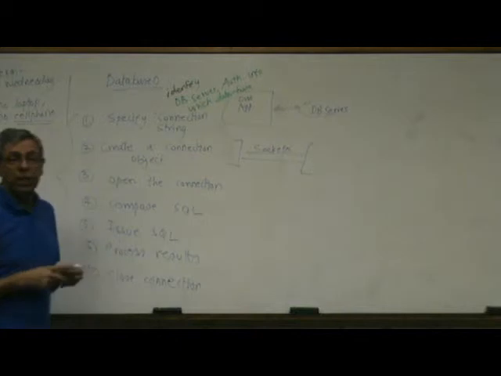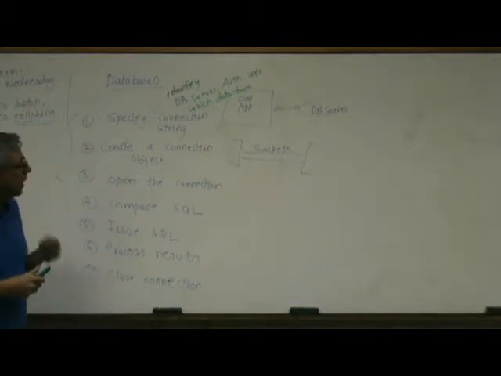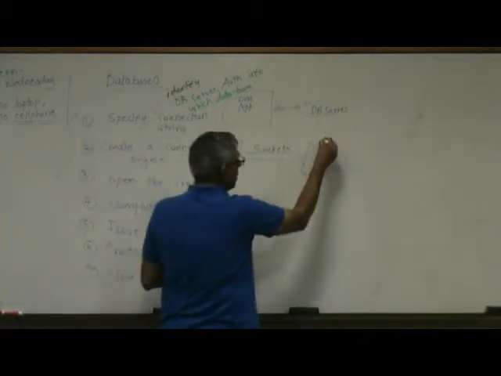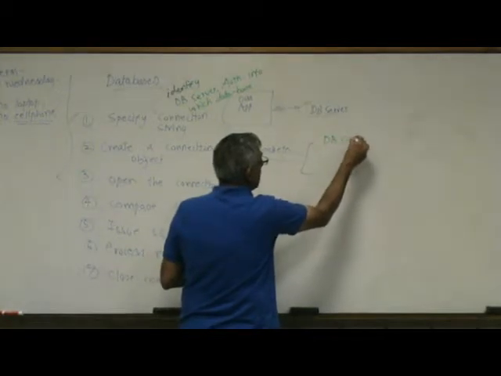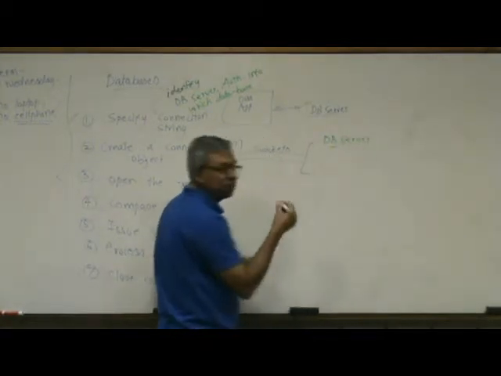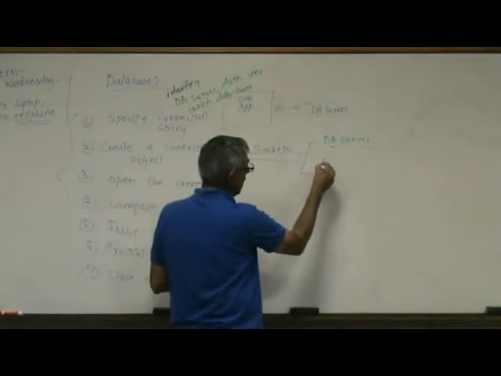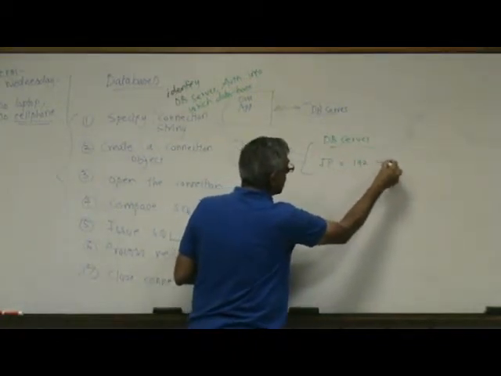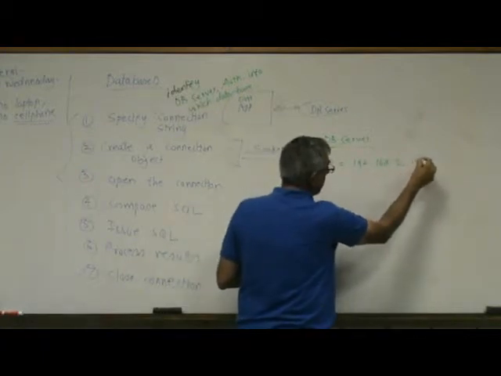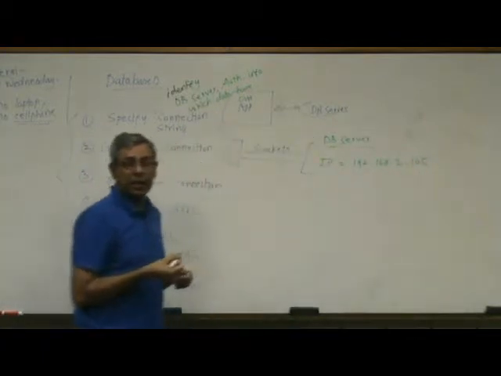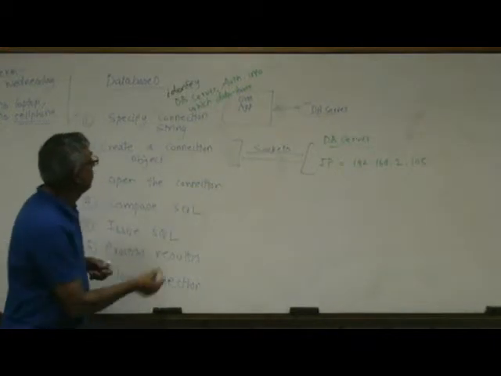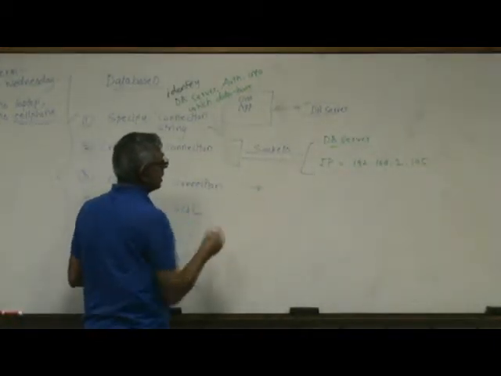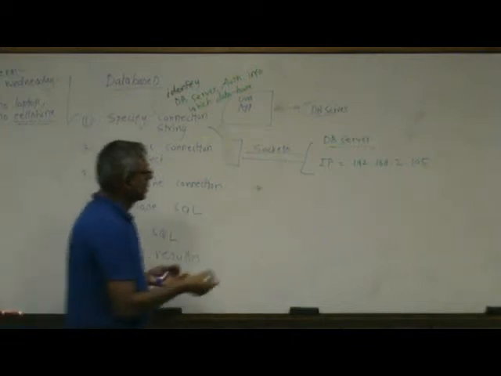To give you an idea, let's say your database server is on a different machine, and the machine has an IP address, let's say 192.168.2.105. Let's pretend.